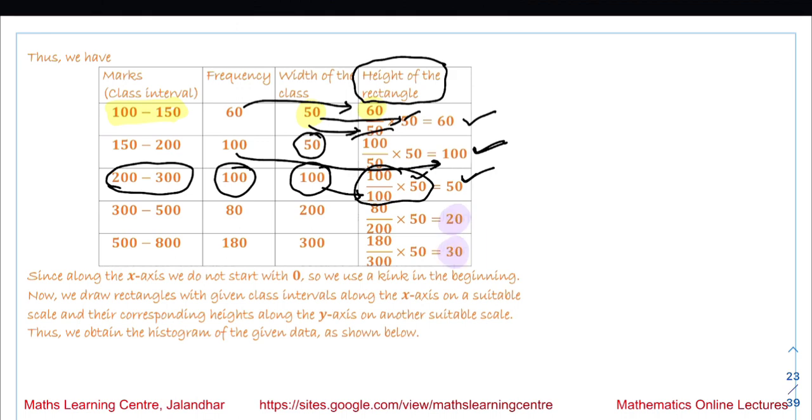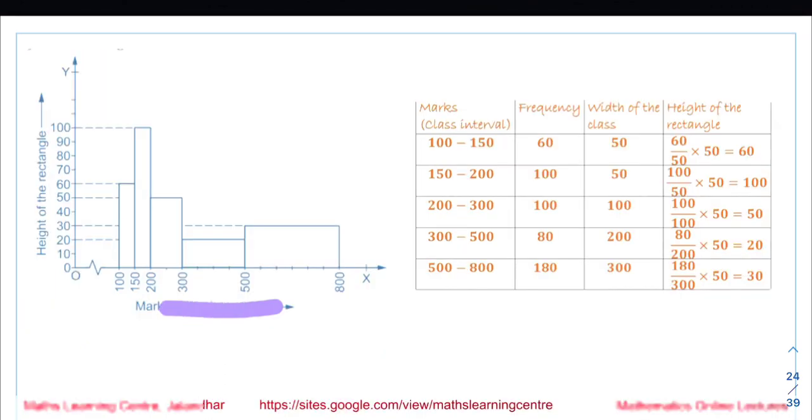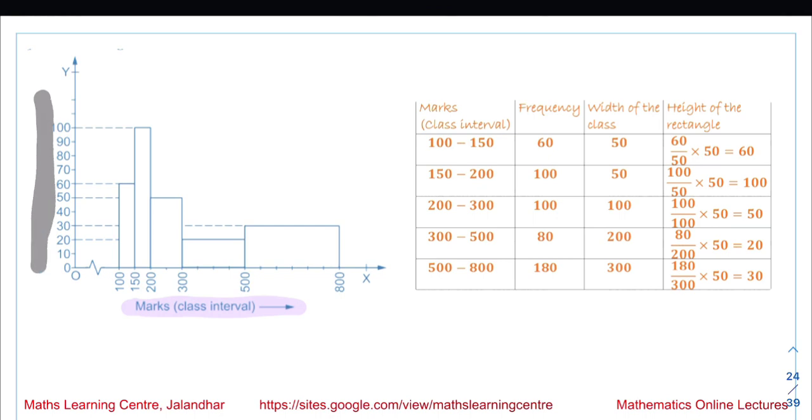These are the heights of the rectangles that we have to use. So for the scale we are using, these are the intervals we have. On the x-axis we have the marks or class intervals, and on the y-axis the height of the rectangle. The first class width is 50, from 100 to 150.